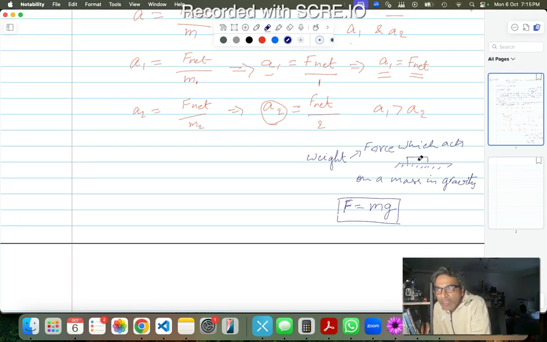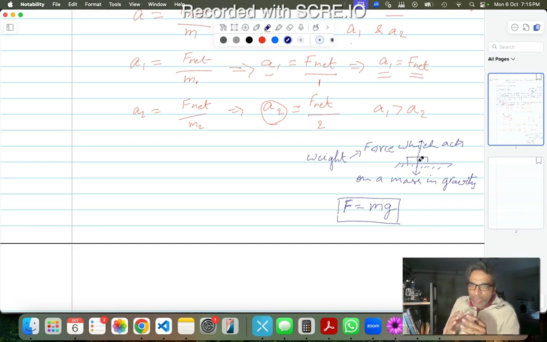Because the downward weight is equal to the upward force, the normal force. That's why there is no movement. When we study the free body diagram, we will understand the concept of system and the forces acting on that object.